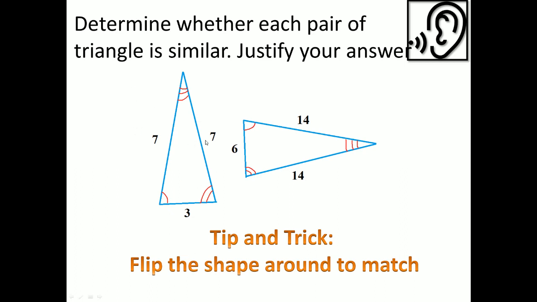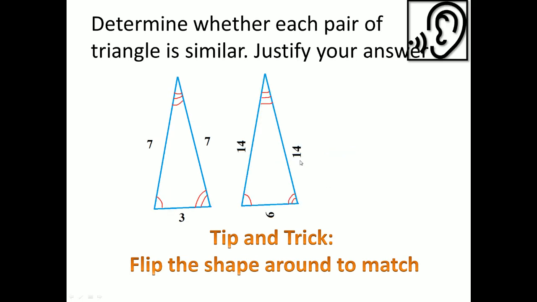Next one. This was number 11. Right? This has the 7, 7, and 3. Again, this looks like it's tilted to the right. It's asking us to determine if the triangles are similar. Again, the tip and the trick is to flip the shape around to match. It looks like it's pointing up, so it seems like I have to do a little rotation. Okay? Alright, so I'm going to rotate the right triangle upwards.